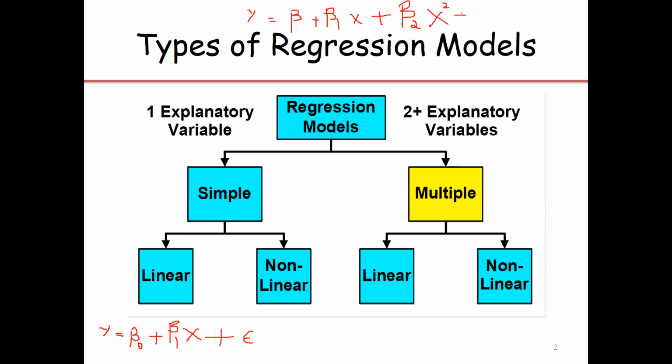This is called a quadratic simple model. Both models are simple because we have one predictor here, which is x. So if we have one predictor, the model is known as simple. If we have more than one predictor, we call it a multiple model or multiple regression model.